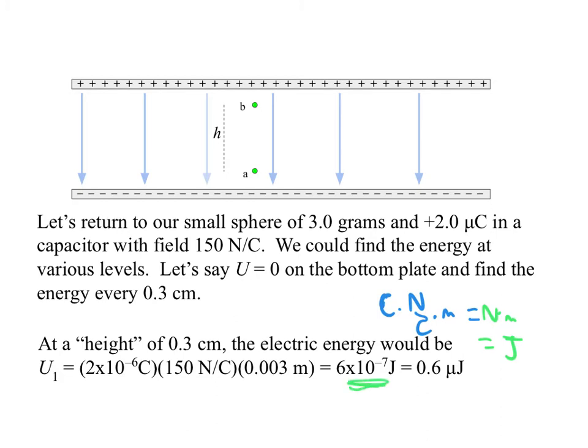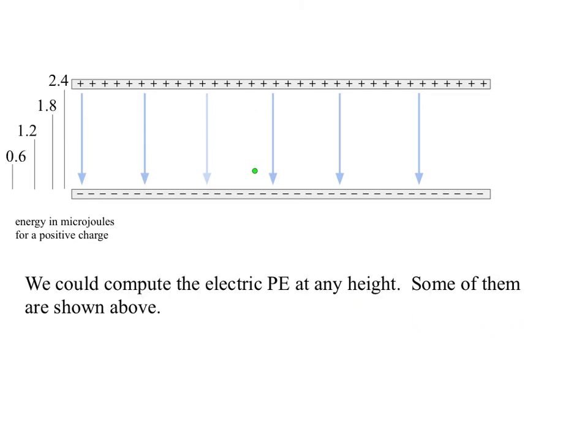Here we get 6 × 10⁻⁷ joules, so we'll probably represent that as 0.6 microjoules. We could, of course, compute the electric potential energy at any height, and I've shown up here basically every multiple of 0.3 centimeters. So this is 0.3, 0.6, 0.9, and 1.2 centimeters. And we get that kind of collection of energies.